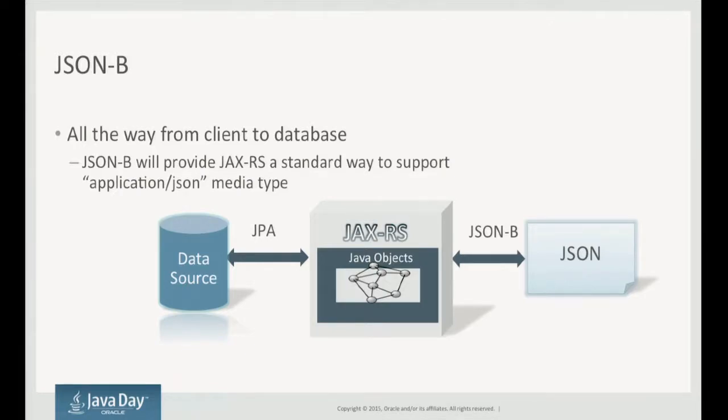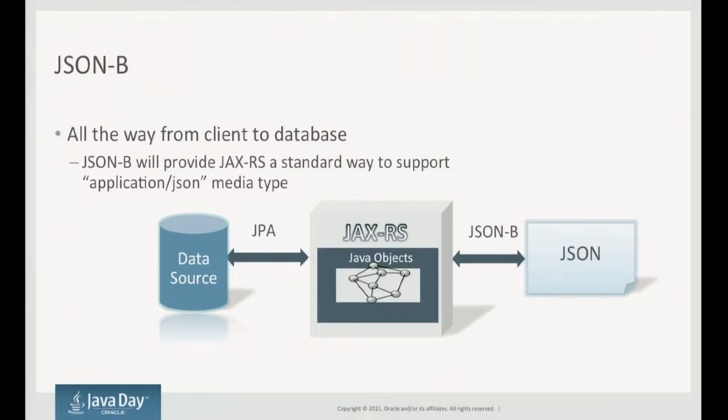So the goal here is to provide for mappings that will work all the way from the client to the database and back. So you can imagine starting with JPA entities in your database, pulling those entities into POJOs in the JAX-RS runtime, and then mapping those out to JSON text in the web tier.